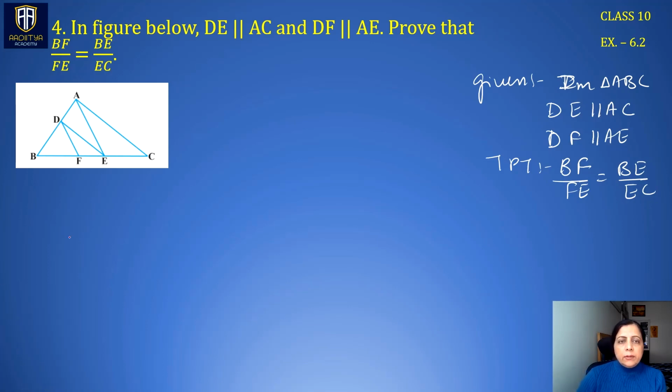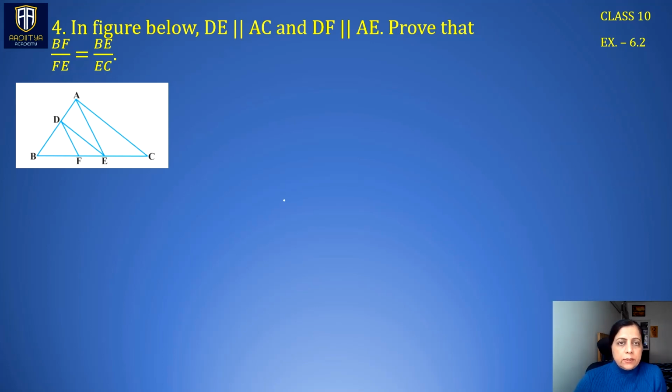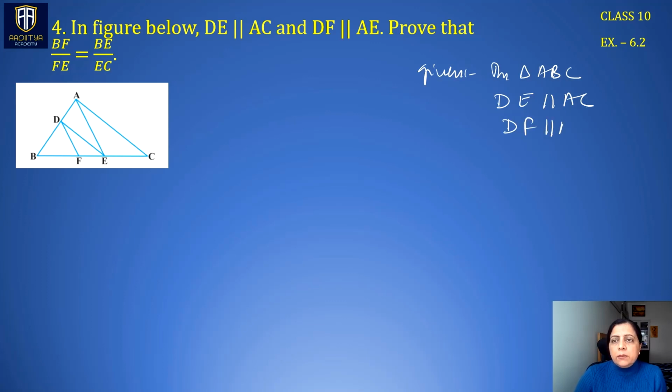In triangle ABC, it is given that DE is parallel to AC and DF is parallel to AE. Here you have to prove that BF upon FE is equal to BE upon EC, right?